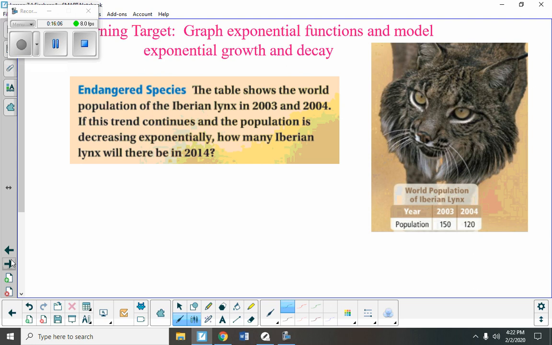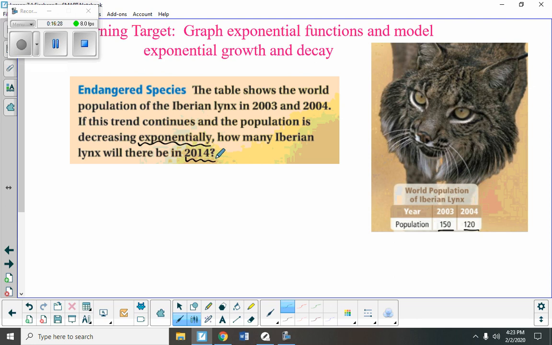All right, last one. The table shows the world population of the Iberian lynx in 2003 and 2004. So in 2003, it was 150. In 2004, it decreased to 120. If this trend continues and the population is decreasing exponentially, how many Iberian lynx will there be in 2014? So we have to do some figuring here.